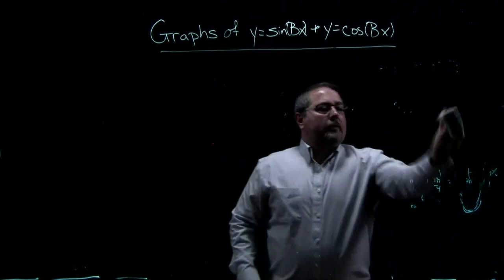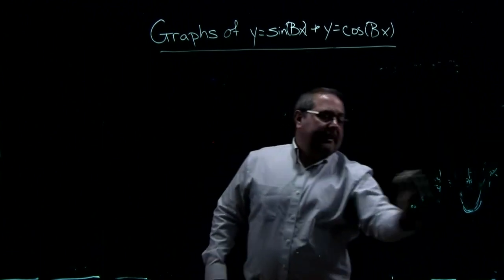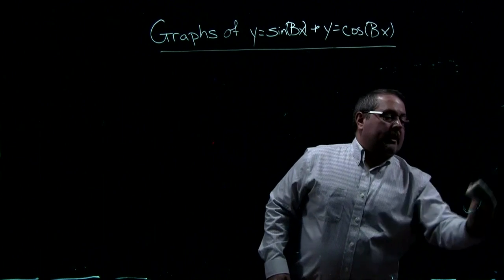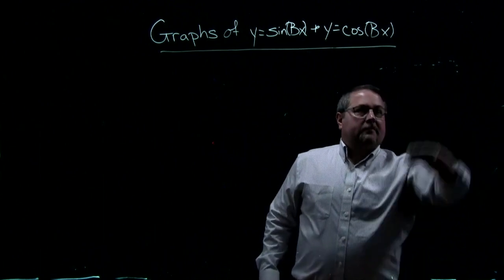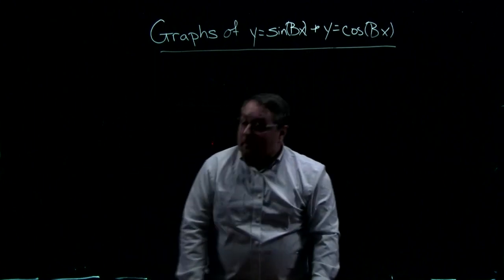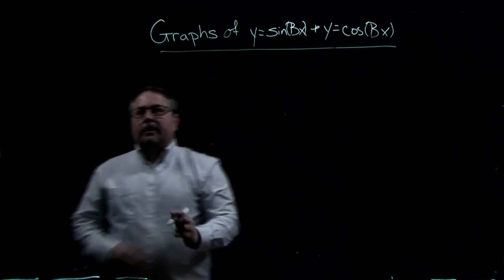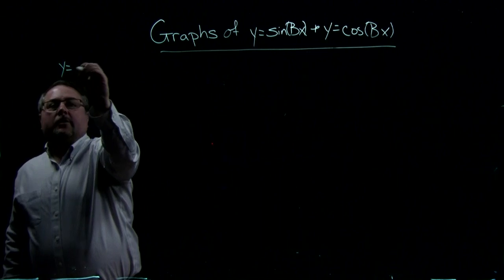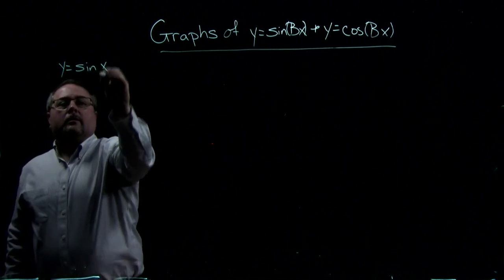So for those of you who have taken or are currently taking Math 22, you have seen the idea of odd and even functions. If you have not taken those courses, no big deal. I'm going to touch very briefly on it and tell you what you need to know for this course.